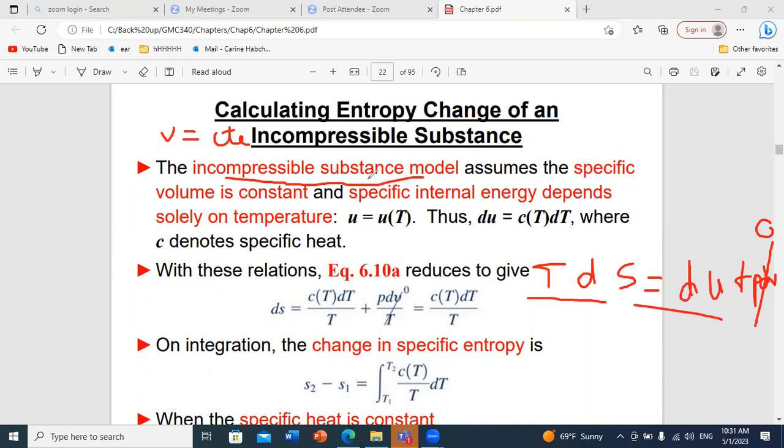Plus, in case the specific internal energy depends only on temperature, هيدا the case of what? The case of an ideal gas. مش نحن بالايديال gas شفنا إنه internal energy will be only function of temperature. And also the enthalpy will be only function of temperature. Please guys, don't confuse cases. يعني نحن ideal gas U only function of temperature. بس إذا أنتوا عندكم مثلا mixture vapor water delta U is not only function of temperature.